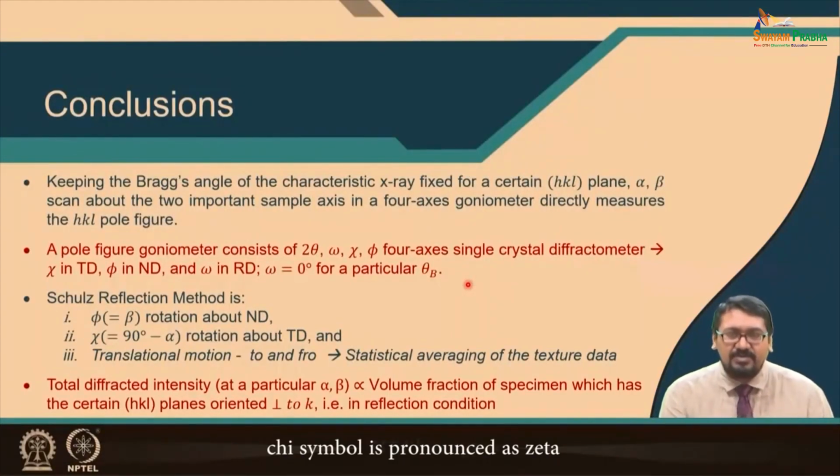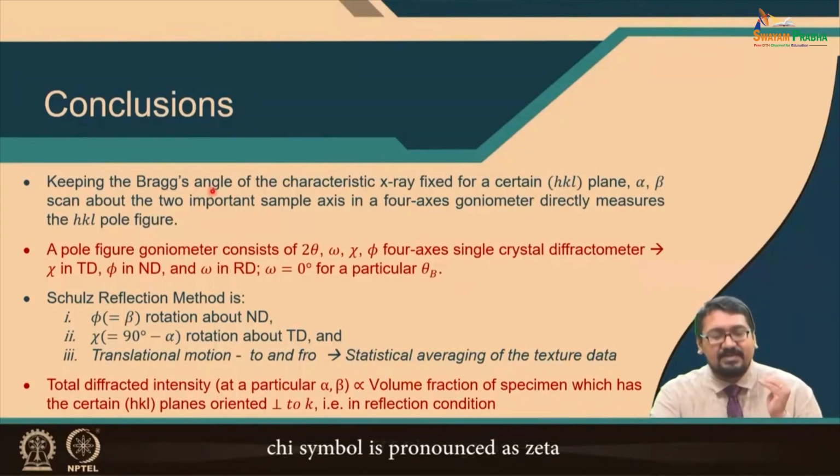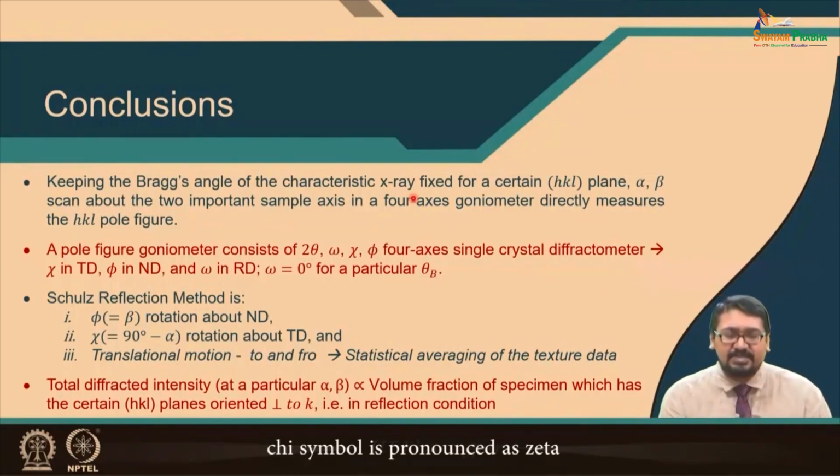So we can conclude from today's lecture that we have to keep the Bragg's angle constant for a particular characteristic X-ray for a certain HKL plane, and then the alpha and beta scan has to be done about the two important sample axes, that is TD and ND, in a 4 axis goniometer. This directly measures that particular HKL pole figure, and this is done for several HKL poles that show a positive Bragg's diffraction, right.